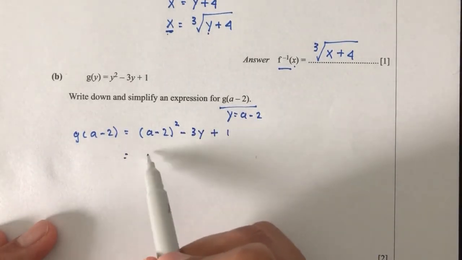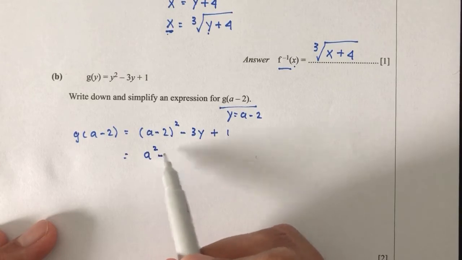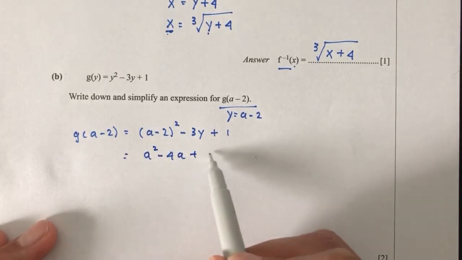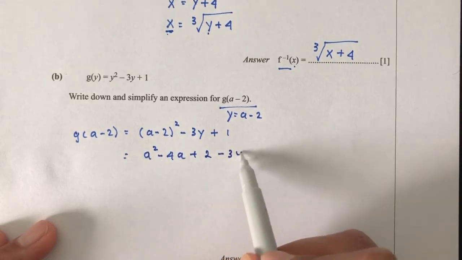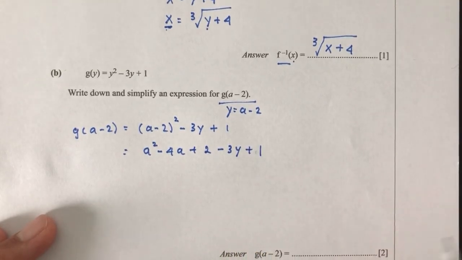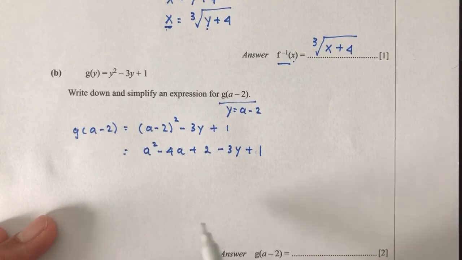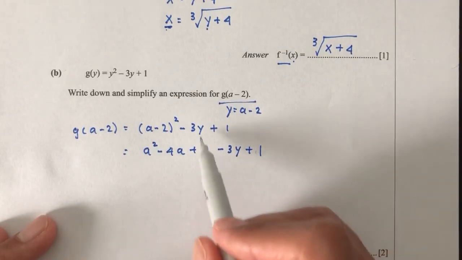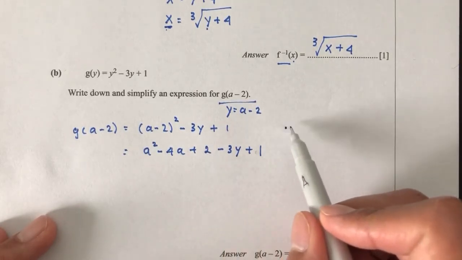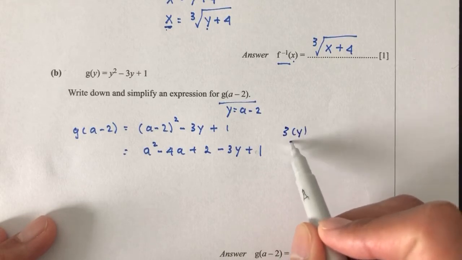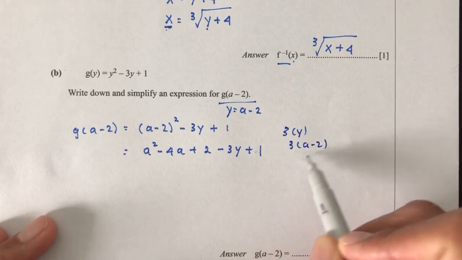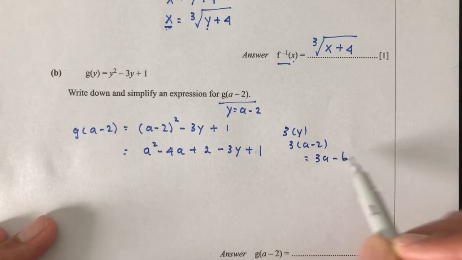So that will become a squared minus 4a plus 2 minus 3y plus 1. Okay, so y, I forgot to replace that in actually, so we'll have to do that again. So what is 3y? 3y will be a minus 2, which is 3a minus 6.